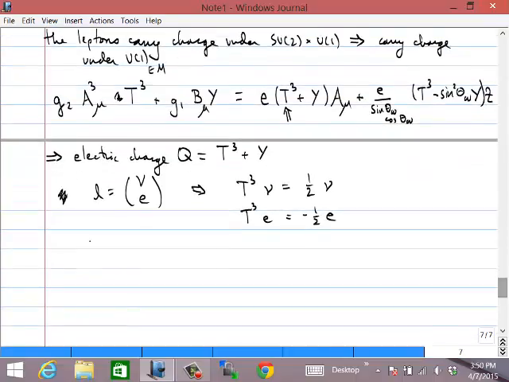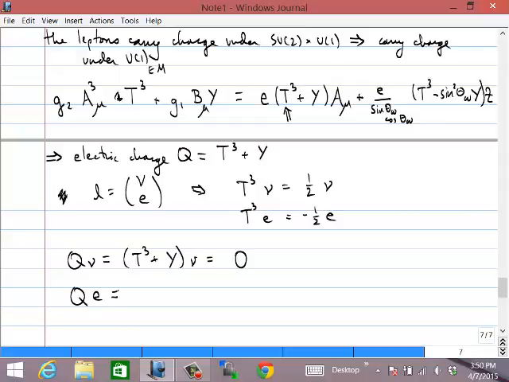And so the charge of the neutrino is T3 plus Y on the neutrino. And remember, the lepton doublet had hypercharge minus 1/2. So neutrinos don't have charge.